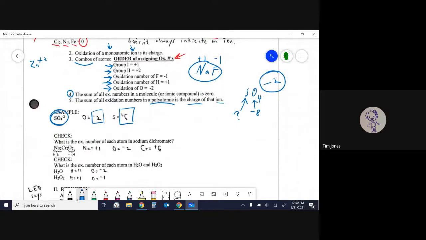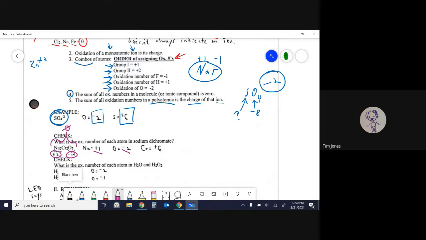So if we take a look at sodium dichromate, again, go through the list in order. Sodium's +1, oxygen's -2, and you have to look at how many there are. There are 2 sodiums, so that's a total of +2. There are 7 oxygens, so that's a total of -14, and the overall group is a 0.